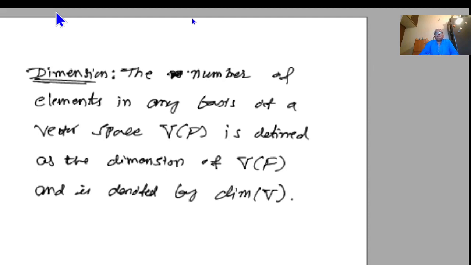The number of elements in any basis is defined as the dimension of the vector space. Okay. Next, I will go to one theorem.